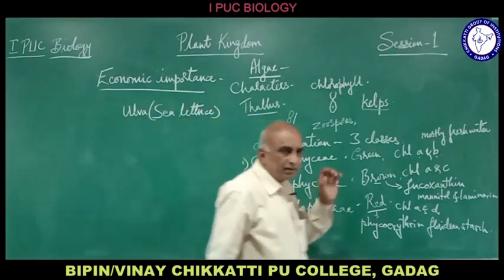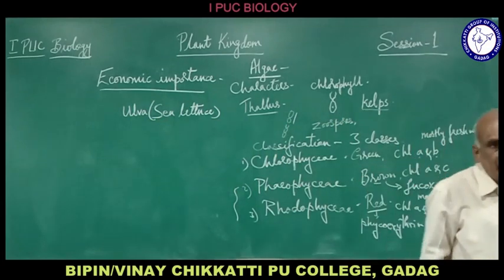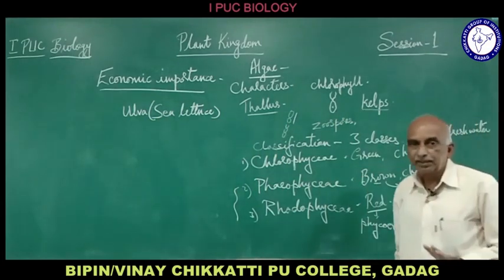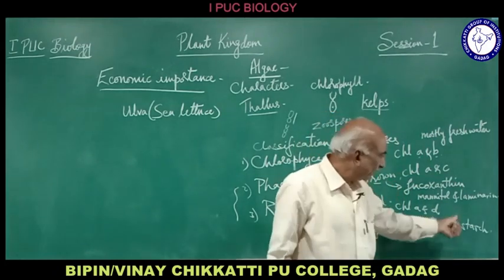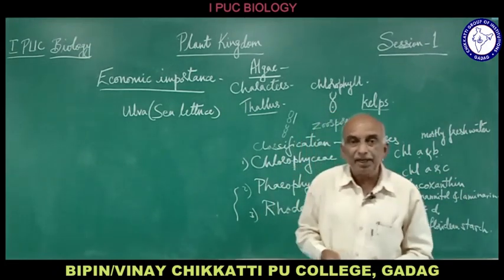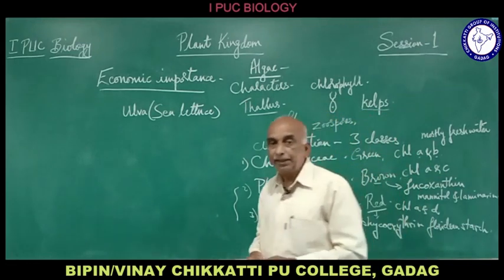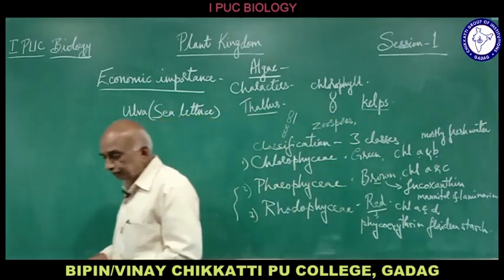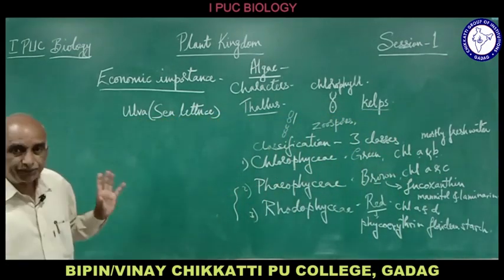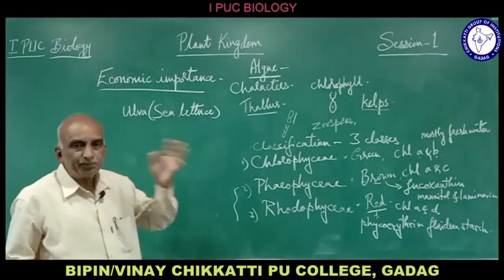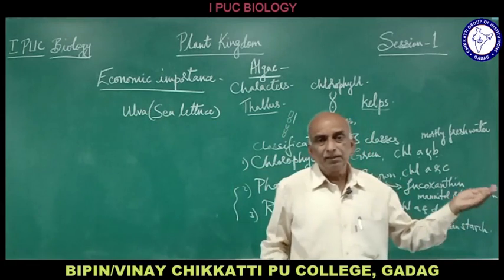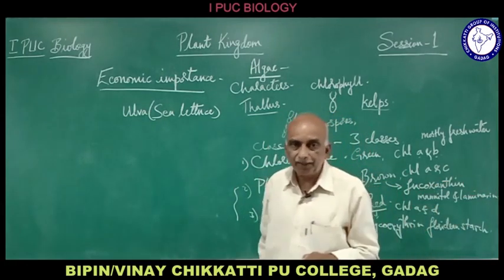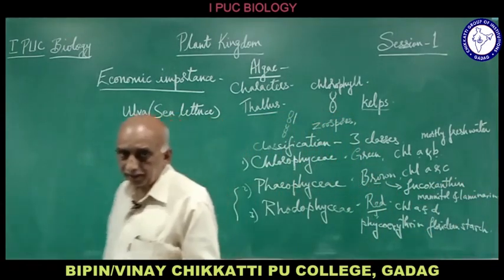Then there is an algae called fucus, an algae called laminaria, and dictyota. These algae are used as food, as we use vegetables growing on the land, and they provide nutrition.